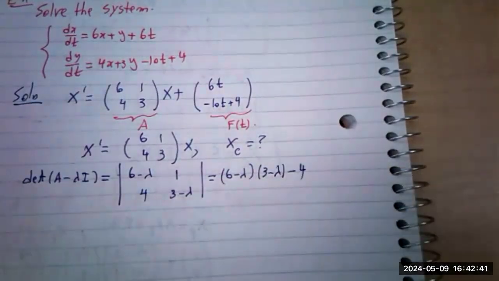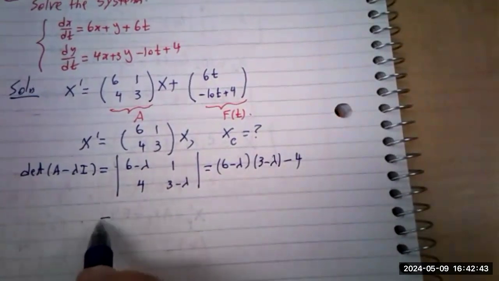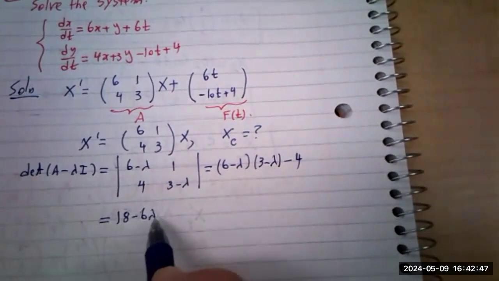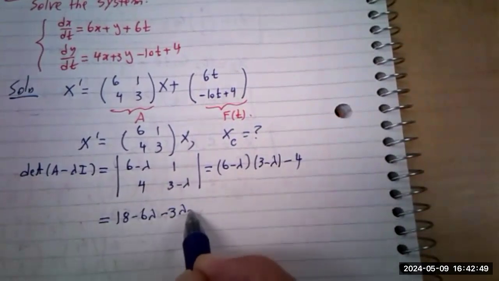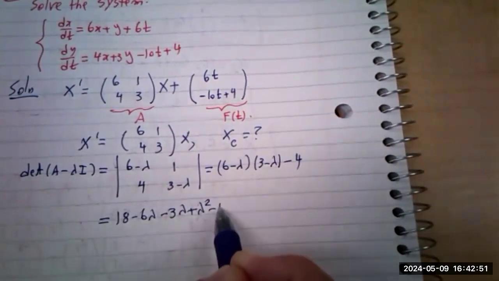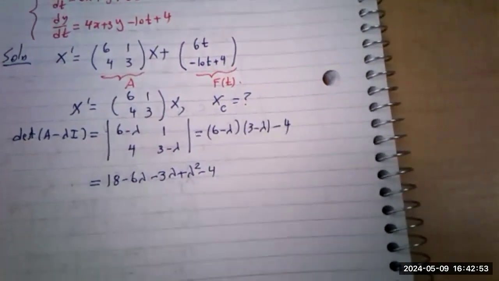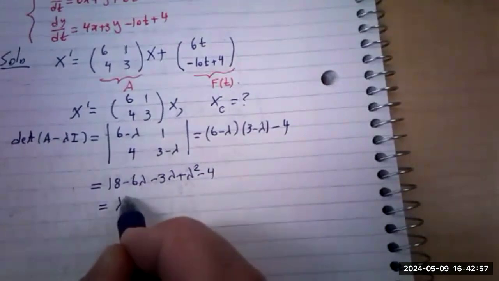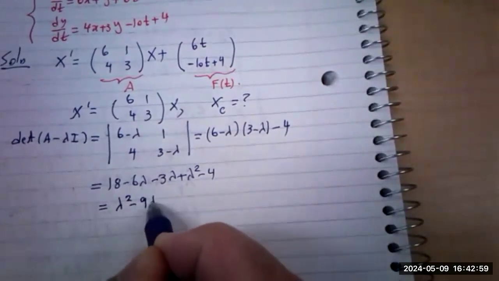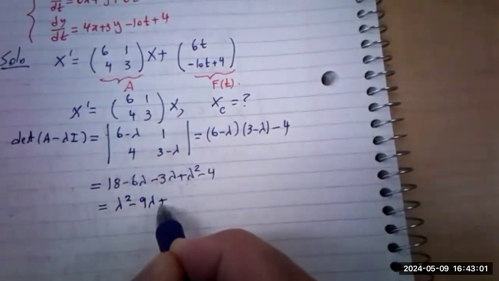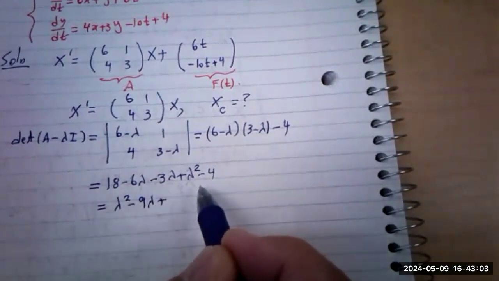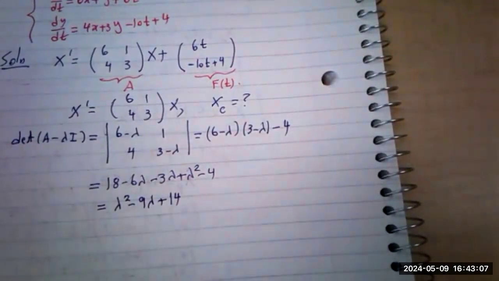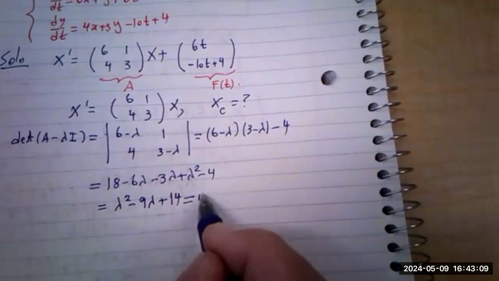Carefully FOIL it. That gives you 18 minus 6 lambda minus 3 lambda plus lambda squared minus 4. Combine the like terms. So that gives you lambda squared minus 9 lambda plus 14, and you let it equal 0.